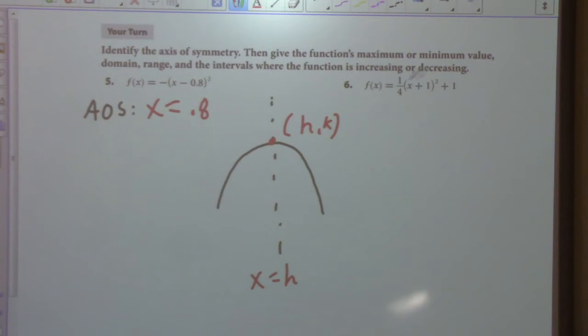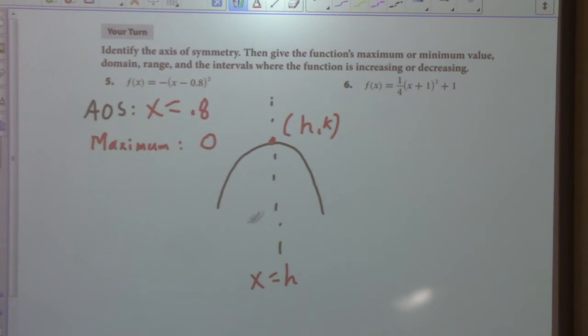Then give the function's maximum value. So what is our maximum for this? Our maximum value. Marcus says 0. Is that right? Marcus is right.